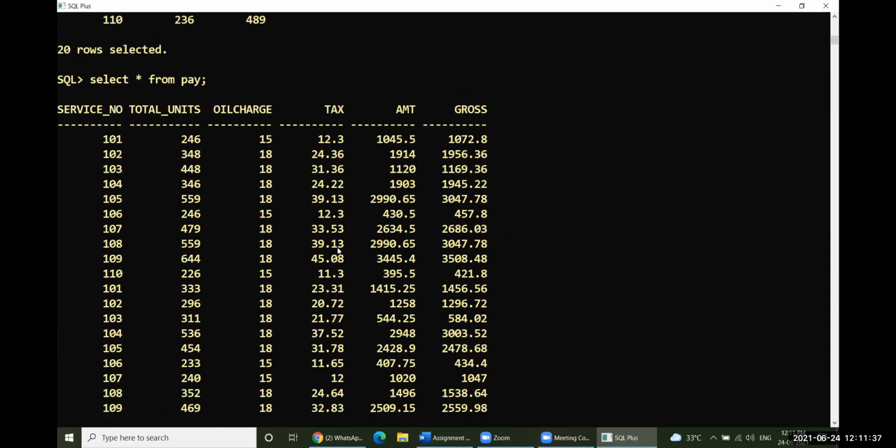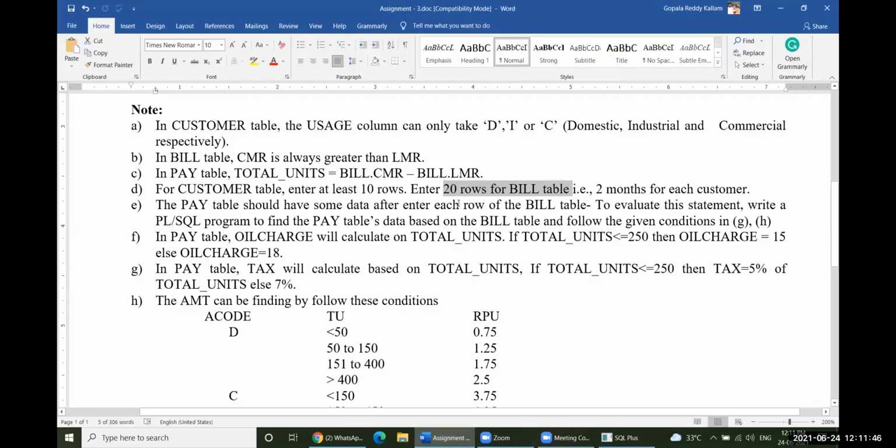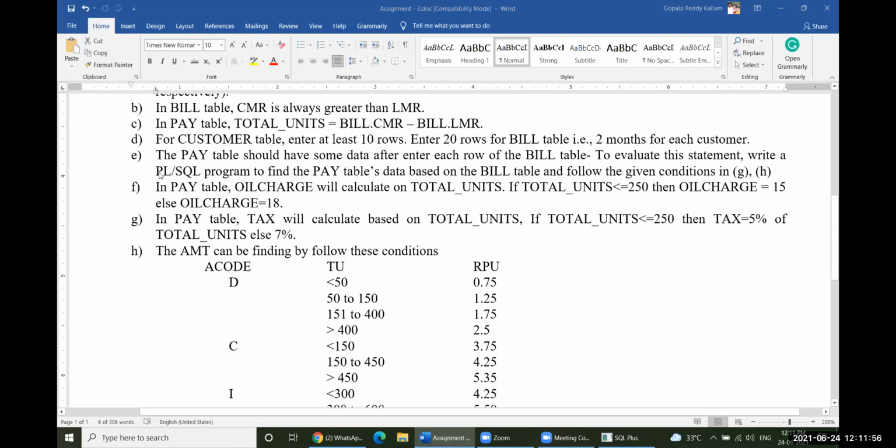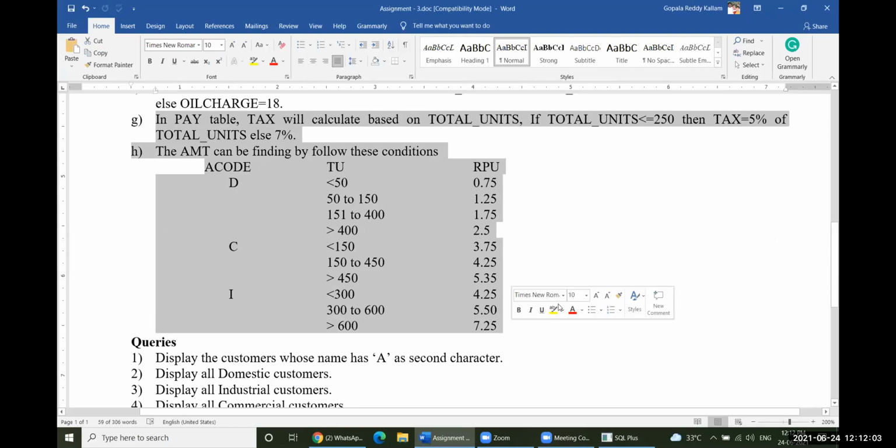Okay, so your data will be secure because everything will be stored in the server successfully. As per our assignment specification, the customer table has 10 rows and the bill table has 20 rows. Everything has been taken into consideration, and we have written this trigger with all the conditions, and it has been satisfied.